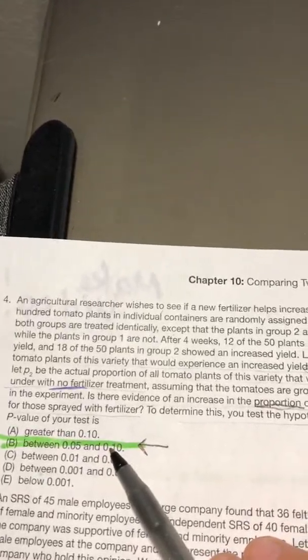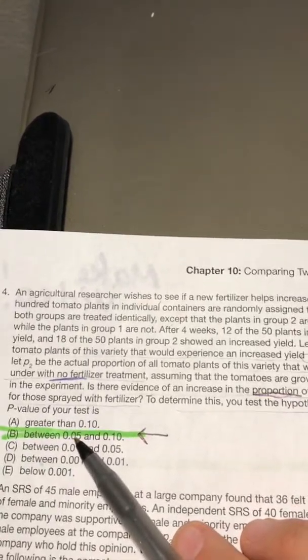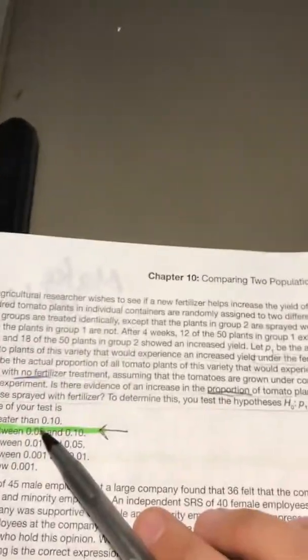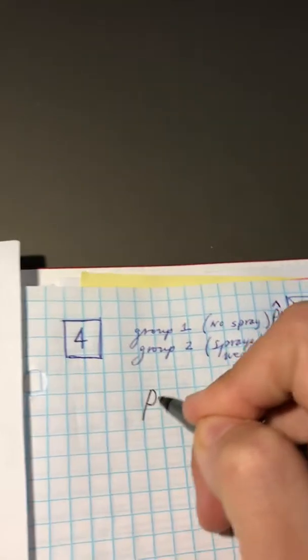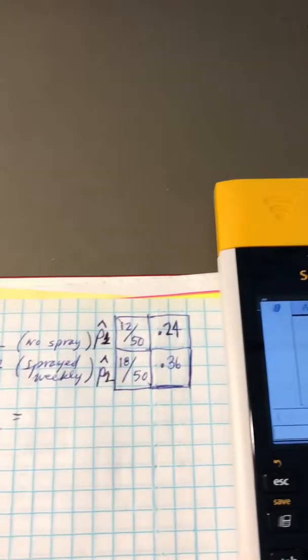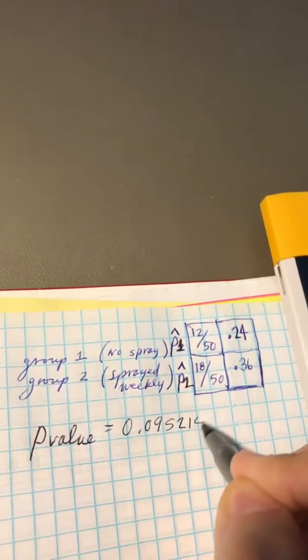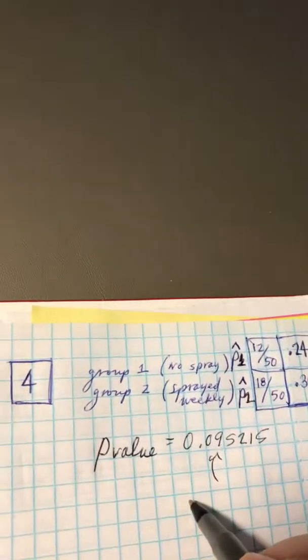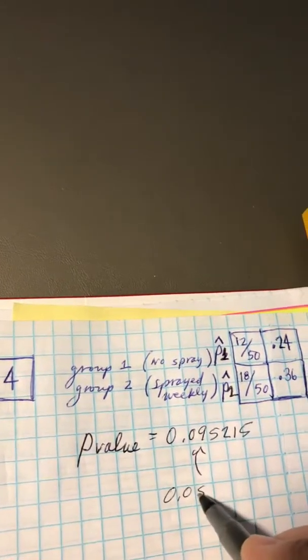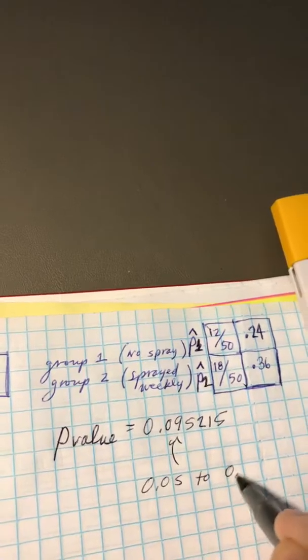So this is a rare outcome if this was your test of rareness, but not rare enough if that was your test of rareness because the p-value we got did fall between there. So again, just taking our notes, our p-value that we got on the calculator was right there. 0.095215. And that number does indeed fall between that number.